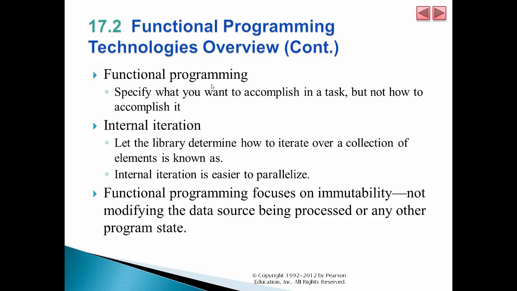So you give the initial state, you give what kind of properties you want, what kind of transformations you want to apply to this particular data set, and then you specify what you want at the end, right?